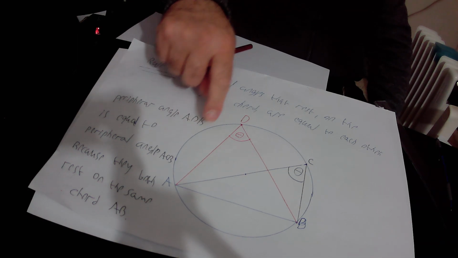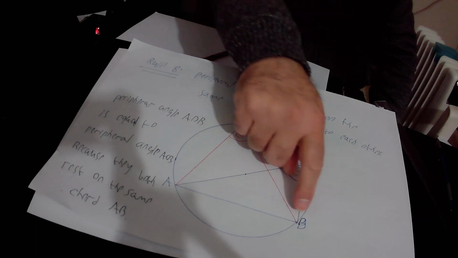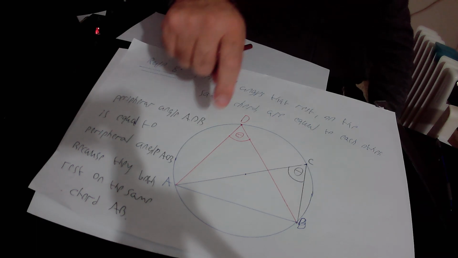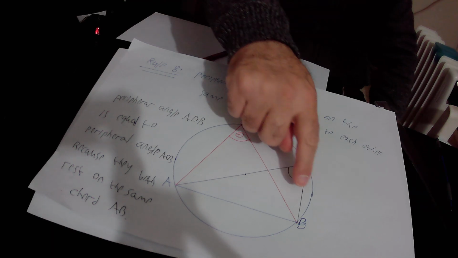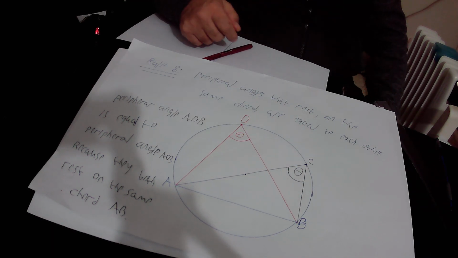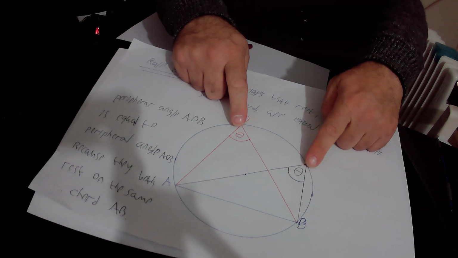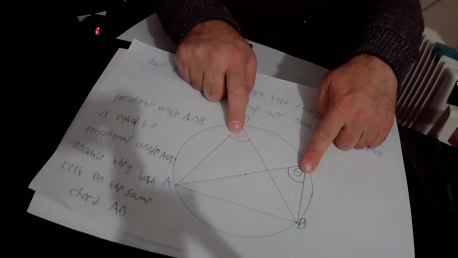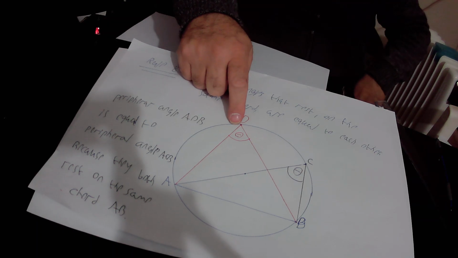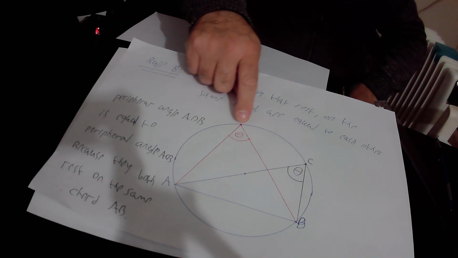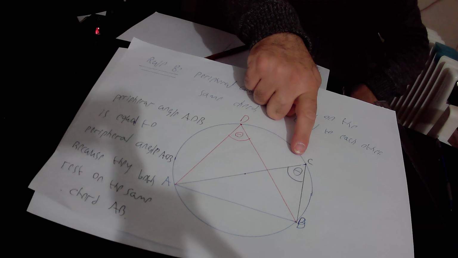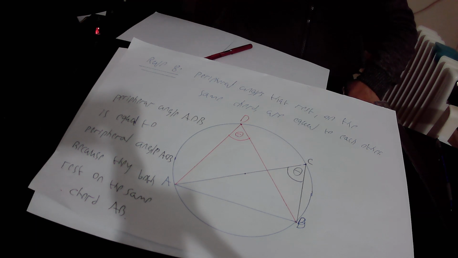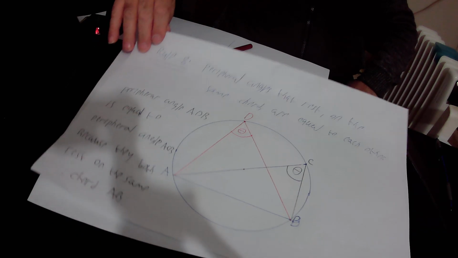This peripheral angle ADB rests on chord AB, and we have another peripheral angle ACB that rests on the same chord AB. Because those two peripheral angles rest on the same chord AB, they must be equal to each other. So if this peripheral angle ADB equals theta, then the other peripheral angle ACB must also equal theta. So actually we can implement rule number 8 in our drawing.